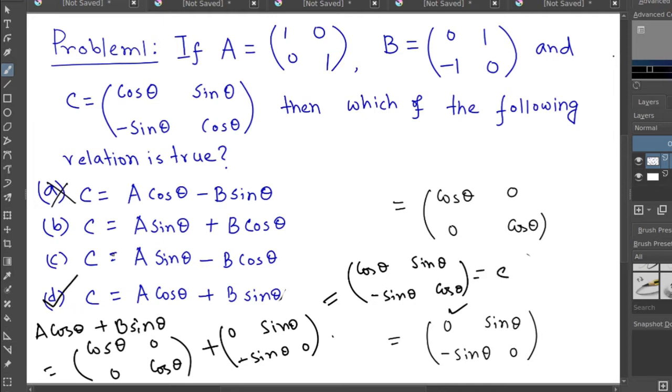We do not need to check the other two options B and C. So the last option is true.